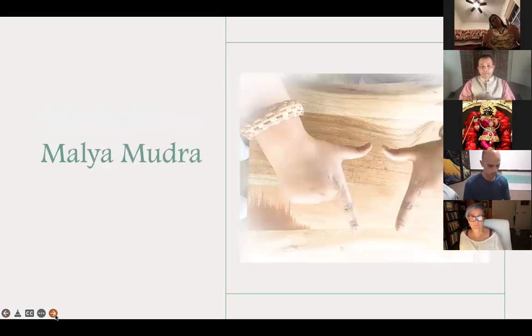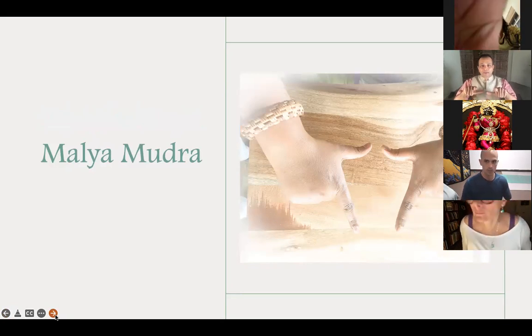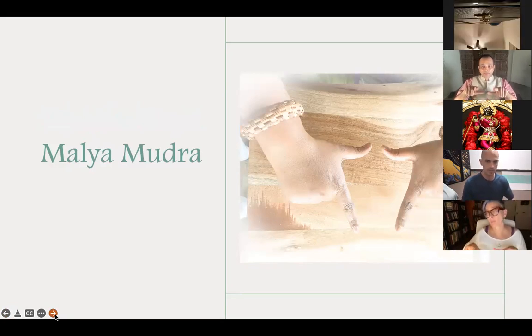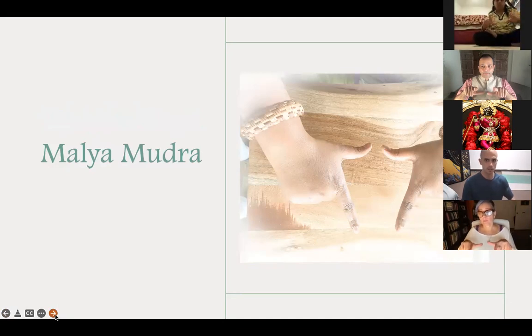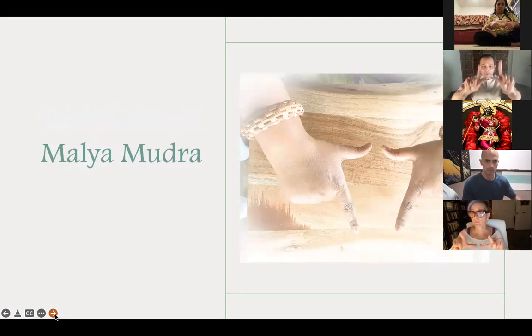Now, next is Malya. Malya is a garland. Offering a garland to the Lord. So you offer the garland like this. When you hold the garland, you offer it like this, with this mudra. So this is called Malya mudra.